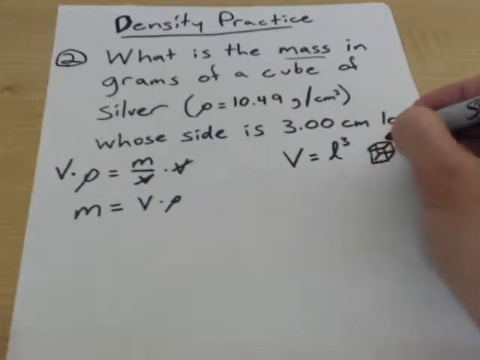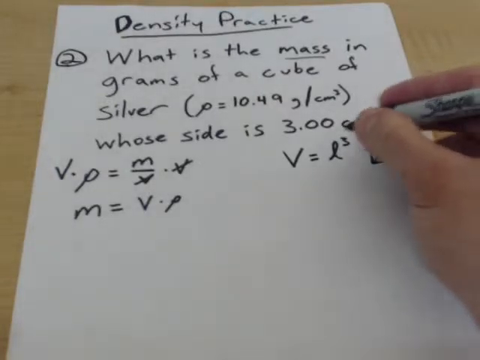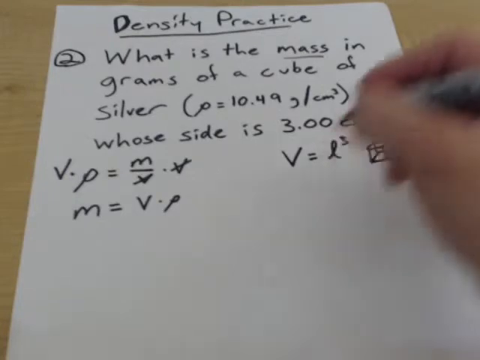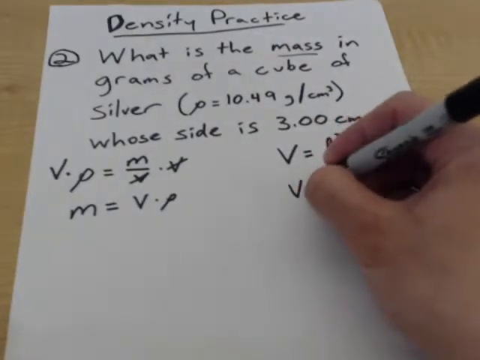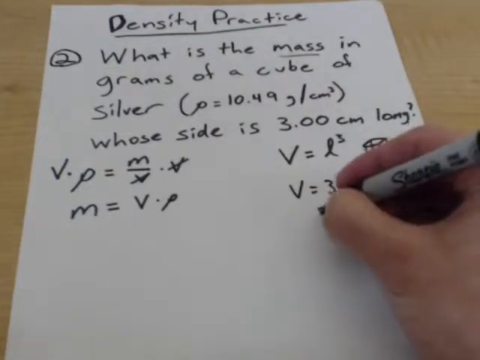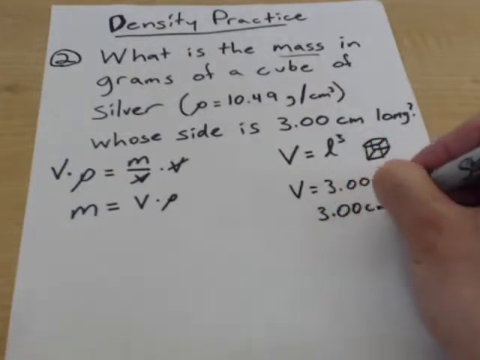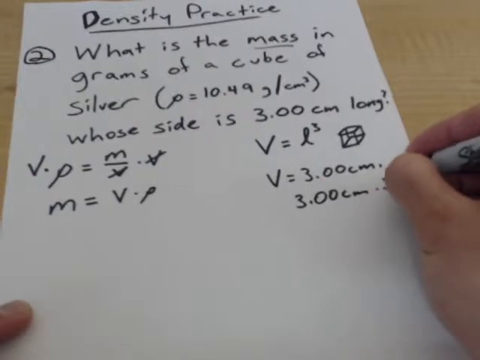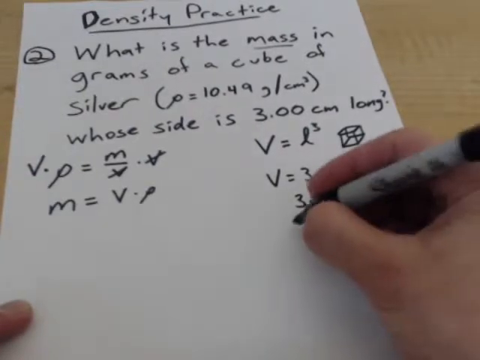So we just multiply the 3 by itself and then by itself again. So volume equals 3.00 centimeters times 3.00 centimeters times 3.00 centimeters.